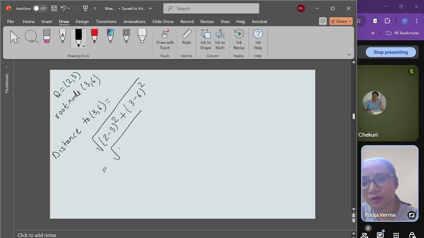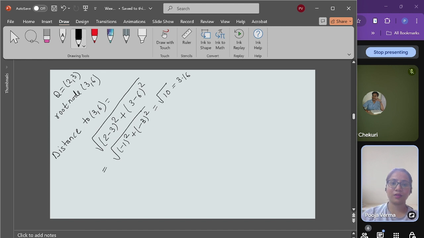Okay, so here we will get (minus 1) square plus (minus 3) square. So here you will get root of 10, and the root of 10 value is 3.16, right?